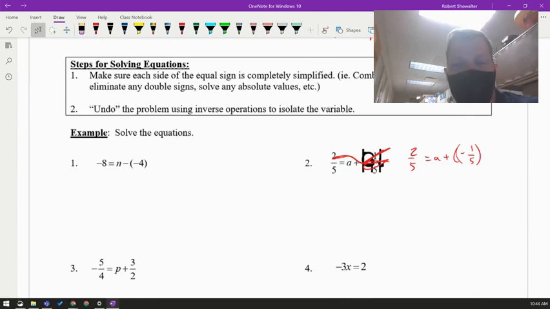If you remember, the order of operations goes: parentheses, exponents, so grouping symbols, then multiplication or division, whichever comes first, left to right, and then adding and subtracting, whichever comes first, left to right.